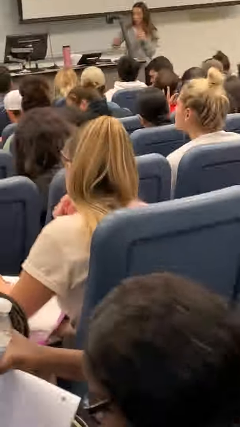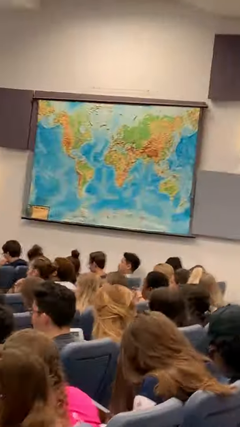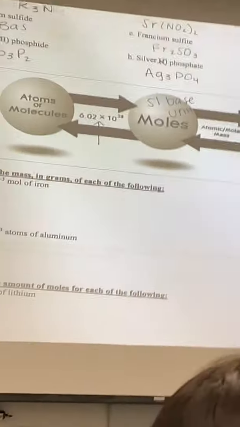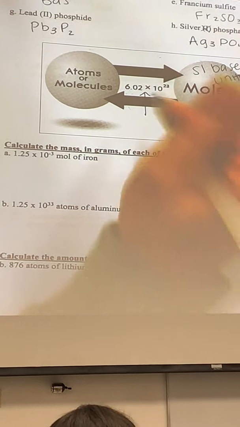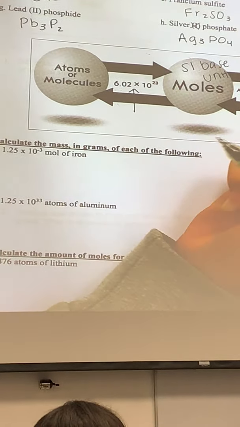The only reason I put this diagram here is because it shows that if you have moles, you can go back and forth between moles and atoms or molecules. The conversion factor that allows you to do so is Avogadro's number, 6.02 times 10 to the 23rd. This number, however, written this way is incomplete. How do we properly write out any number? It's the number as well as the units that go along with it.